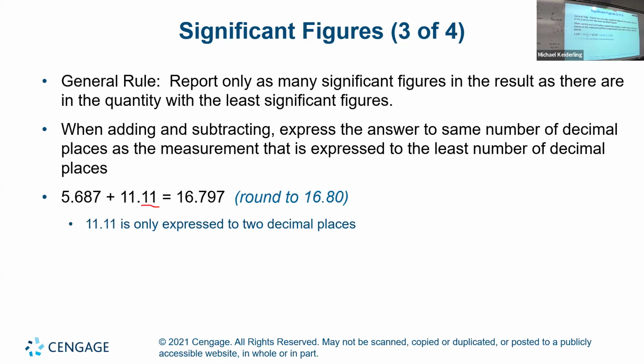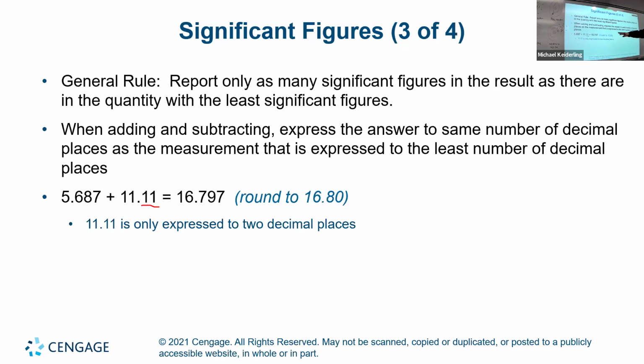Now, when adding and subtracting, on tests and quizzes, I will accept doing it to the given number of significant figures. But the strict rule for adding and subtracting is that you should be using decimal places and not significant figures.